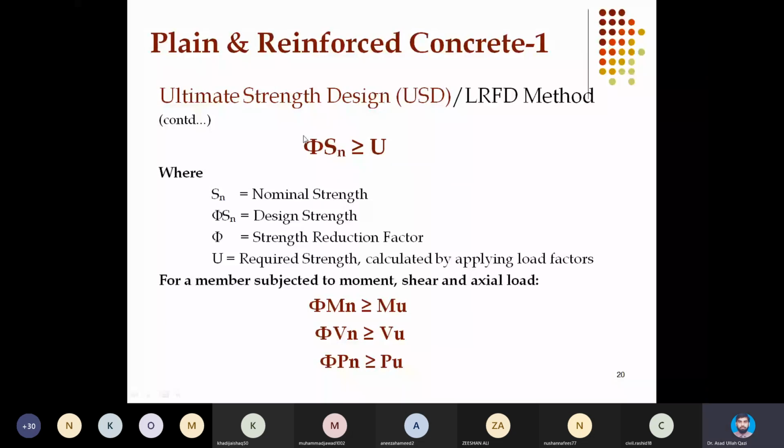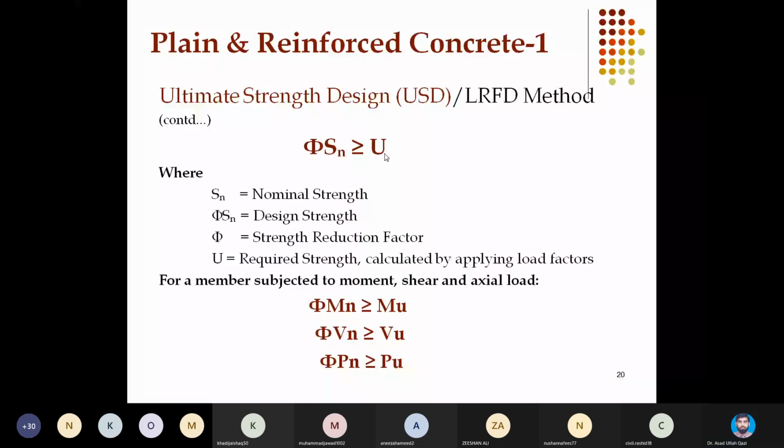So the internal resistance multiplied by the reduction factor, which is less than 1, should be at least equal to the required strength, which will be calculated by multiplying the applied actions with some factor of safety, which is above 1, and we call it load factors.